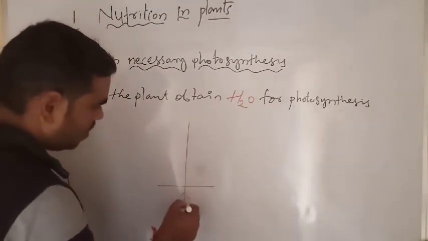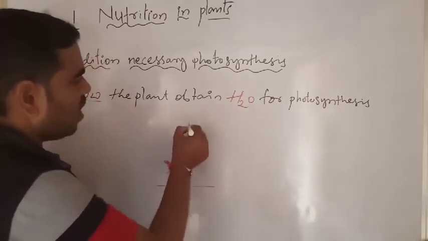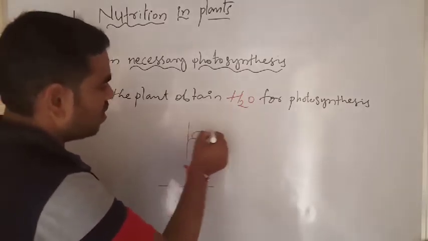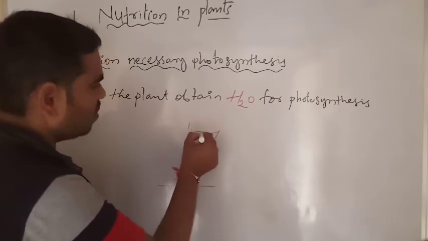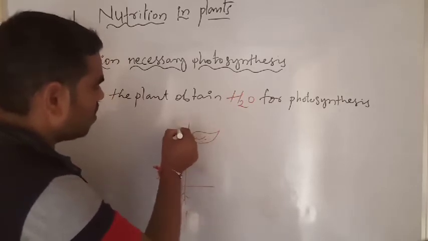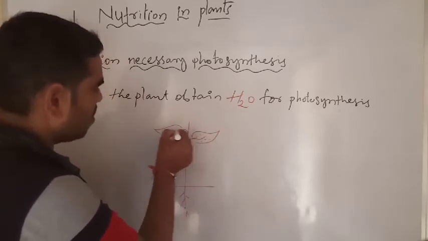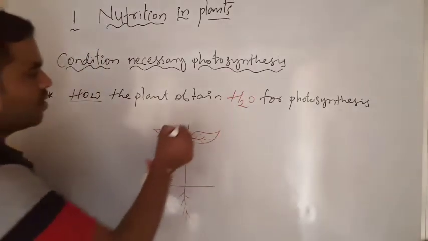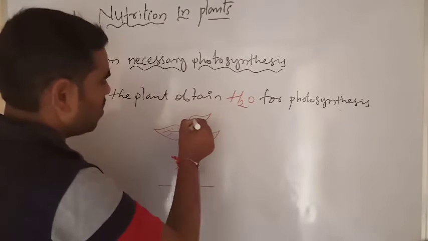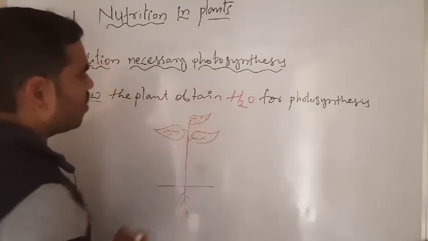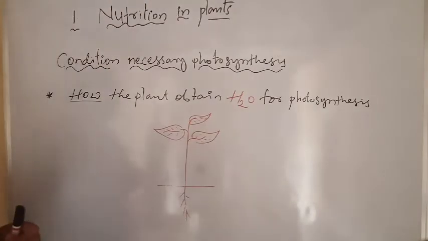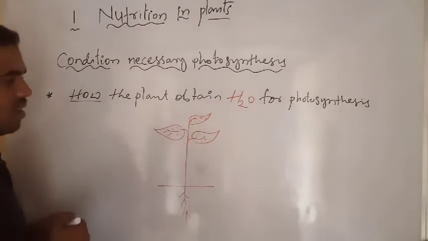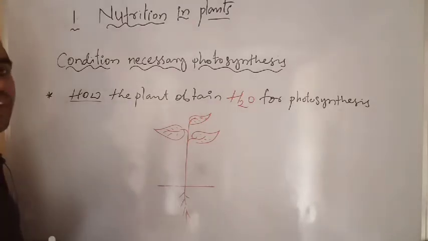Now we have to see that this is a plant. These are the roots, and in the plant, see, these are leaves. Okay, leaves. What will happen? See, here are xylem and phloem vessels.